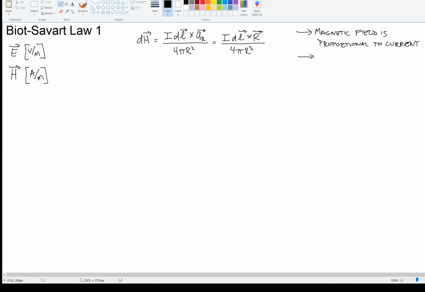All right. Also notice that the magnetic field is proportional to the sine of the angle between the wire and the field point.